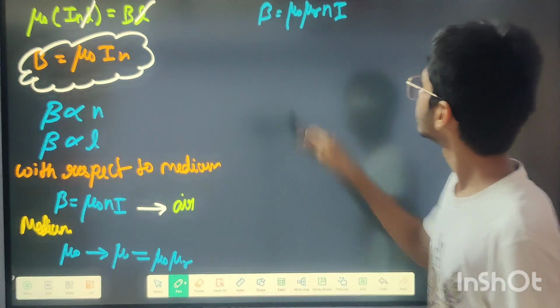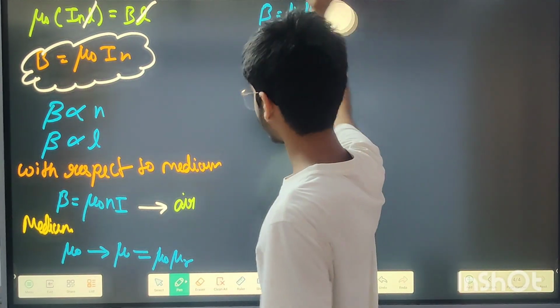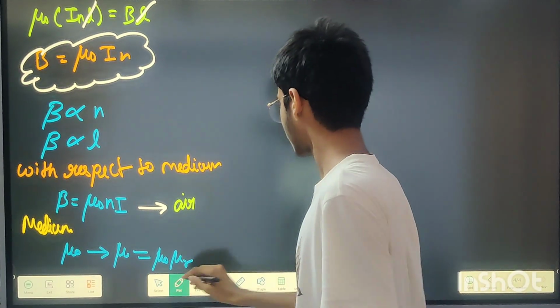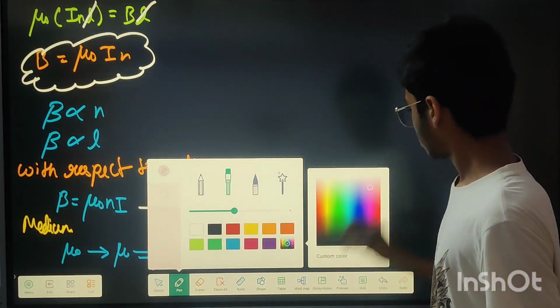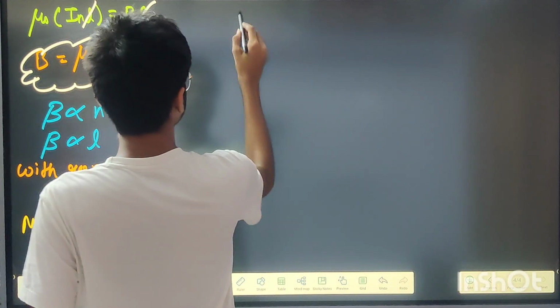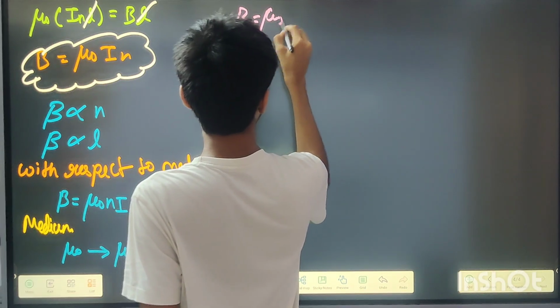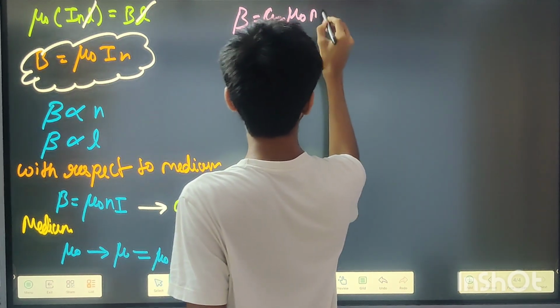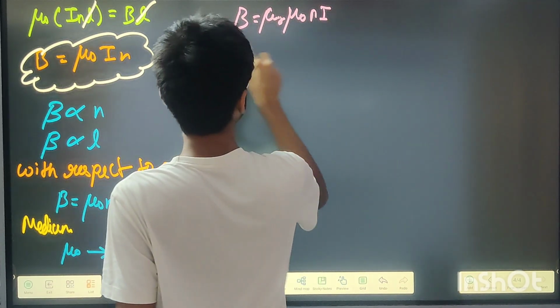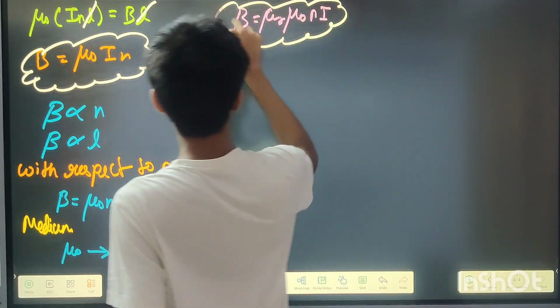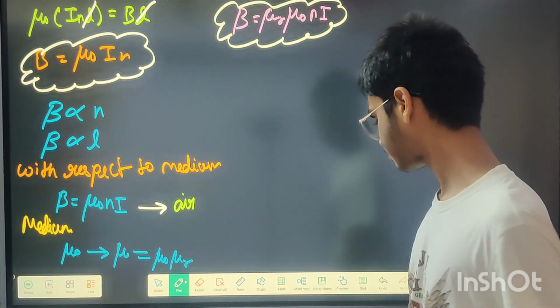So you have got this formula. I will write this also in another color since this is very important. You have to put B is equal to mu r into mu naught Ni. That's it. You have got this one formula.